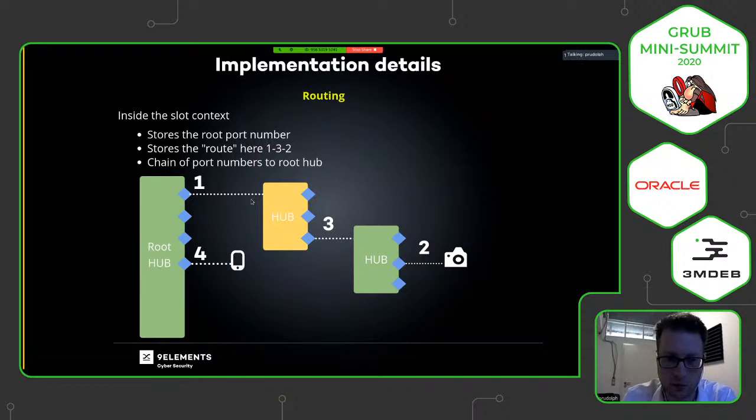In this example, it would be 1, 3, 2. And this chain is called a route. This is required for the controller to know how to deal with unplug and plugging events.